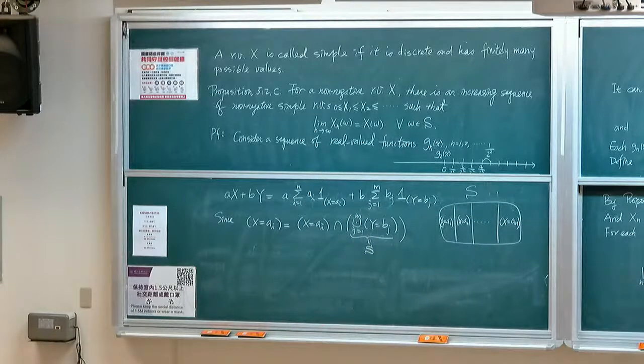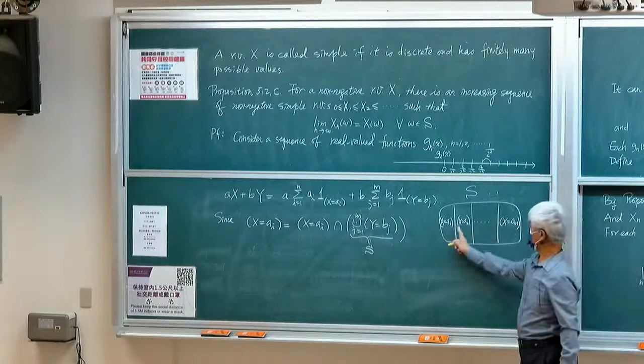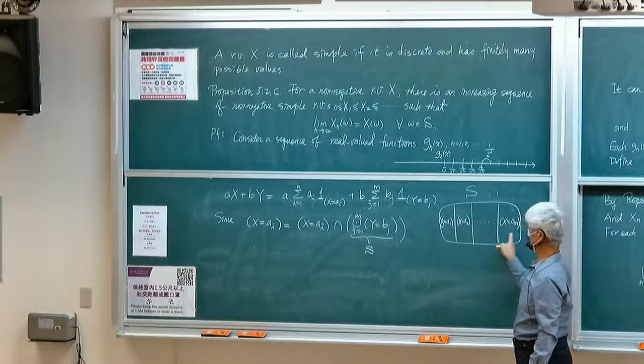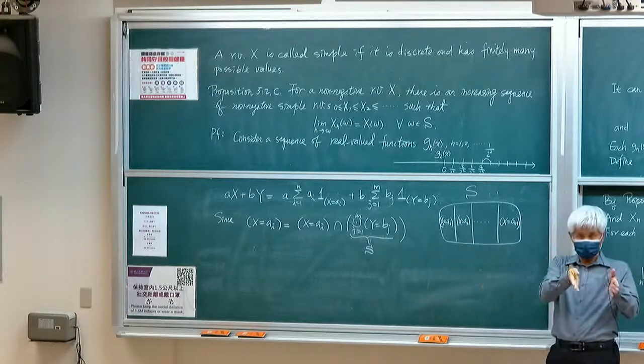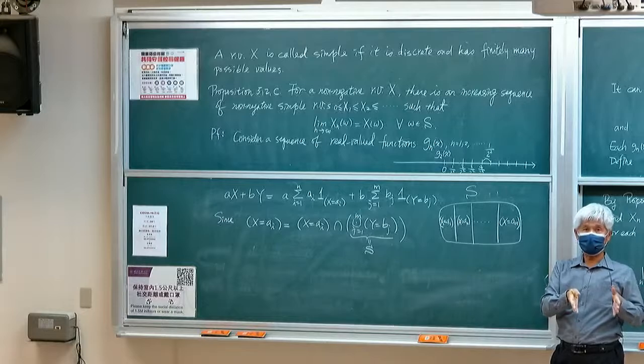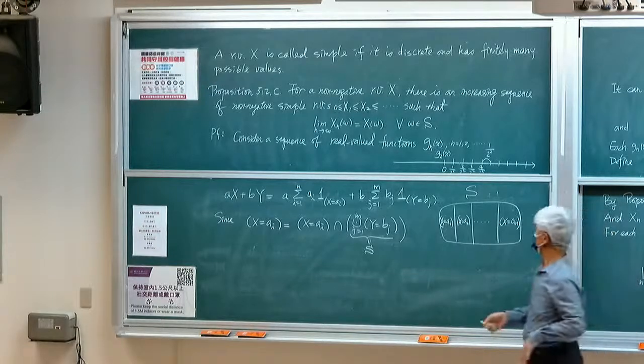So these are atomic events for the simple random variable x. Okay, they are the smallest possible non-empty events that can be specified by the simple random variable x.